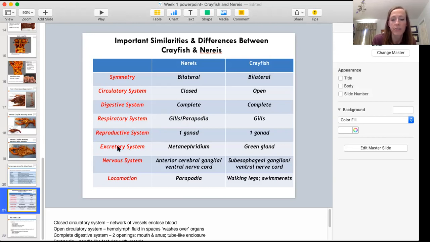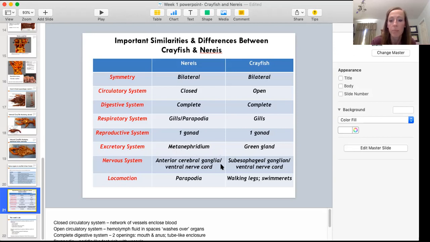The excretory system for the crayfish is the green gland. For the Nereis, there are metanephridia, and these are very hard to visualize in the Nereis dissection. So we often do not see them. We will take a look and see if we see them, but just know that the excretory function is served in the Nereis by what we call the metanephridia.